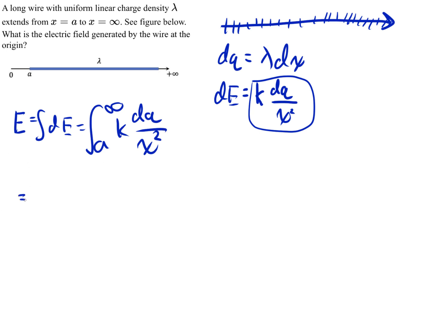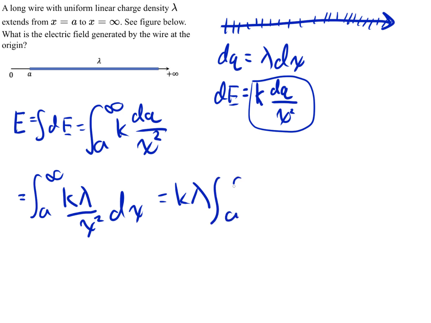So that becomes the integral from a to infinity of Coulomb constant times lambda divided by x squared dx. Since the Coulomb constant and the uniform linear charge density are both constants, we can move them outside the integral.